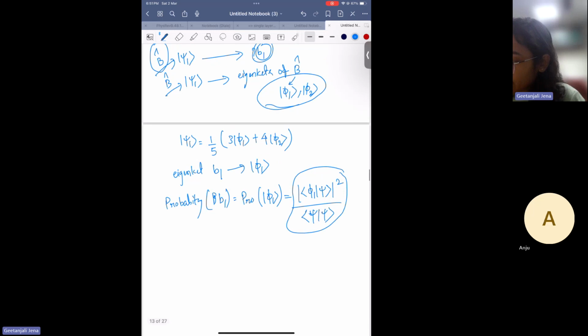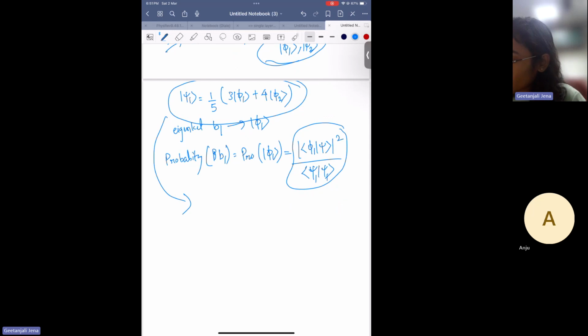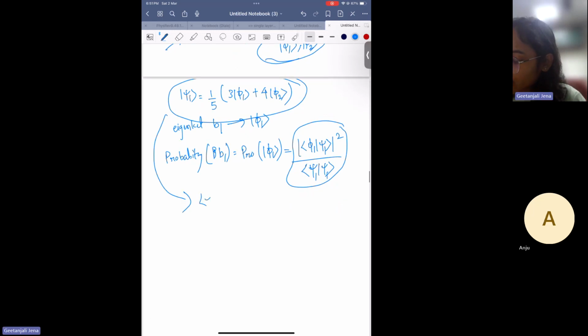So if you see psi, this is the inner product. This one is psi 1. If you take the inner product of psi 1 with itself, it is nothing but (3/5) squared plus (4/5) squared. So that means this is 1. So it is already normalized, and you can take this denominator as 1.